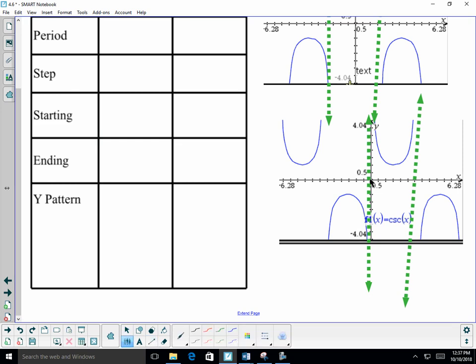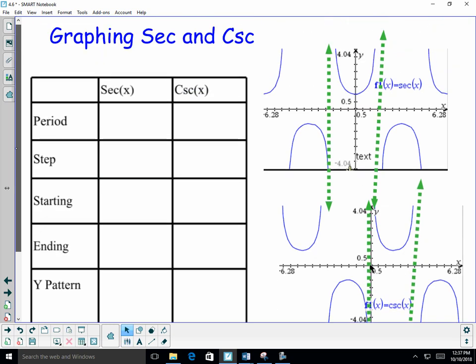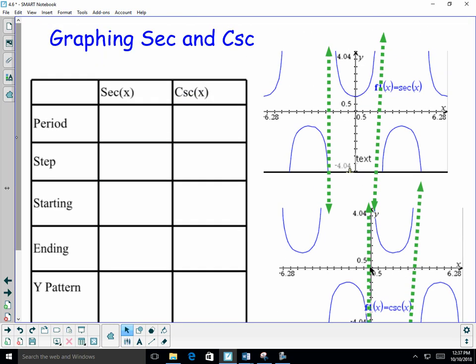So the first thing I notice is in order for me to see one complete shape, in other words, an up parabola and a down parabola, so here I have this up parabola, and then I have this down parabola. That looks like it's going from about negative pi over 2 to 3 pi over 2. Let's check the one that's below, the cosecant.